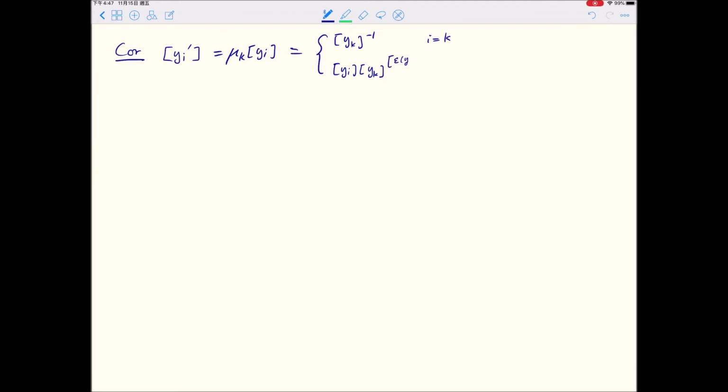But you also care about the sign. So if the sign of y_k times the sign of b is positive, then you have this term, otherwise you don't have this term. And of course, this is an abuse of notation, so it really says that you have a seed y_i. So this y_i may not be the initial one, but you can treat any seed as your starting point, and the B matrix corresponds to that seed, and y_i prime corresponds to mutating once on your seed.